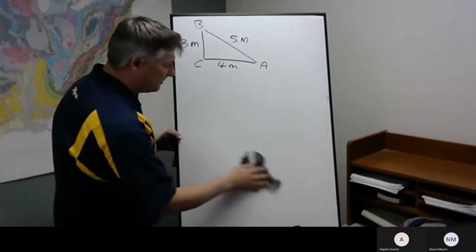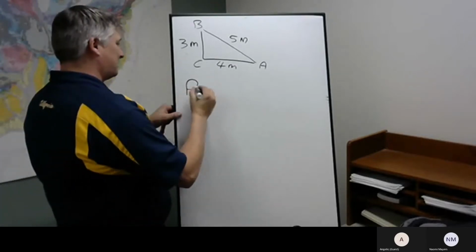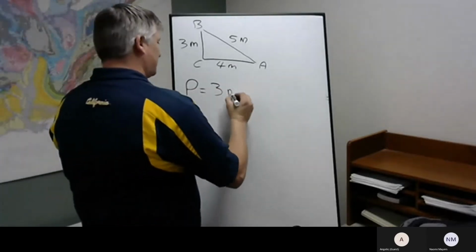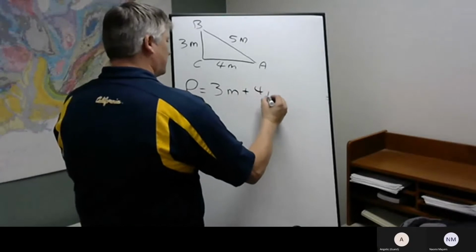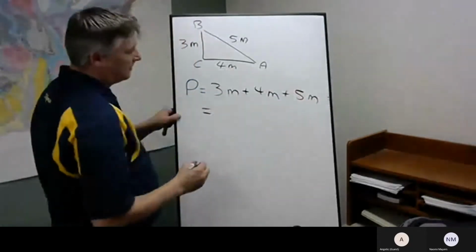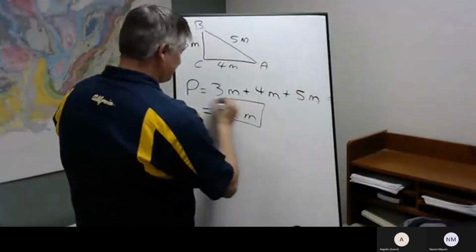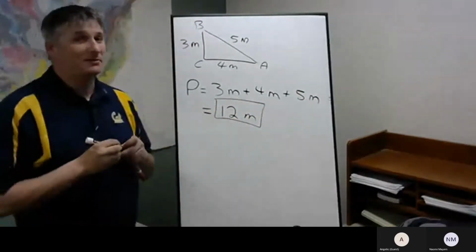So to find the perimeter, we got to add up all the sides. The perimeter is 3 meters plus 4 meters plus 5 meters, or 12 meters. And that's going to be our answer.